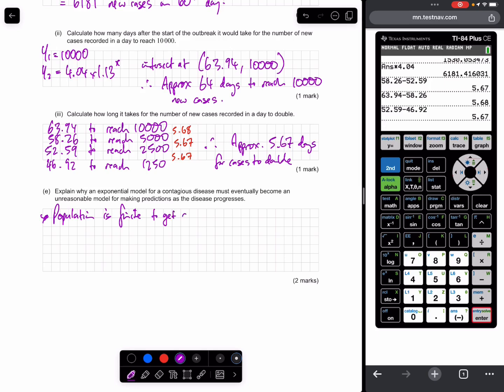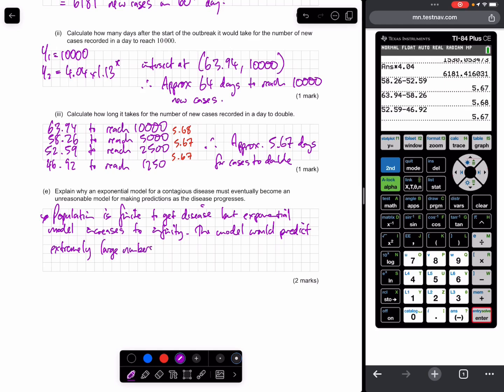Because the exponential model increases to infinity, the model would predict extremely large numbers, overestimating who could be infected.